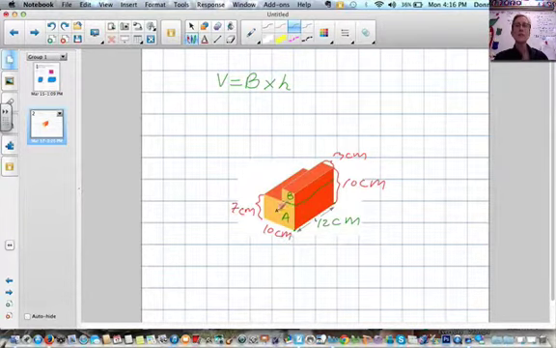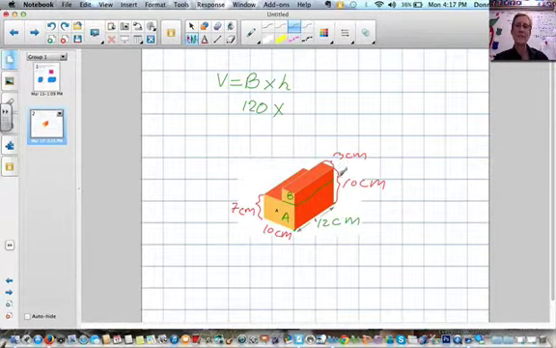Okay, so now we're looking at a formula. The volume is area of the base times the height. I'm going to look at the part it's sitting on, and calculate that the area of the base is 10 centimeters times 12 centimeters. So I have 120 centimeters times the height, and remember, I'm trying to figure out just this part on the bottom. We sort of chopped off this little extra part.